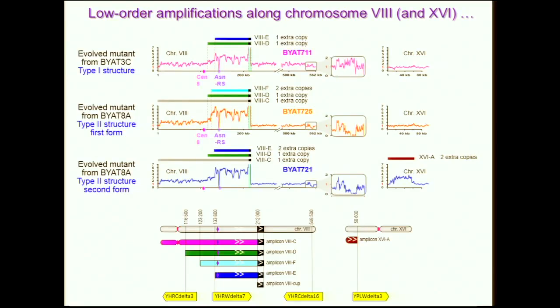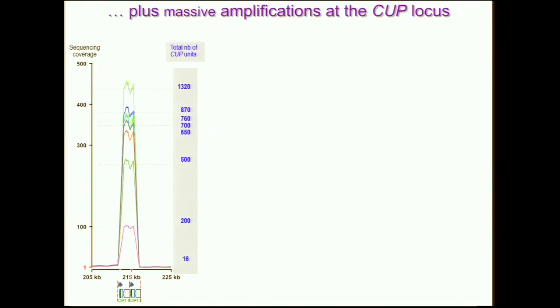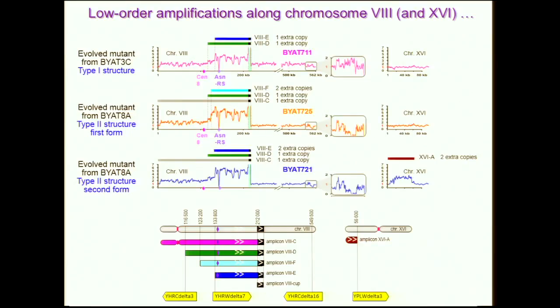Then after some months of thinking, we did the same thing. Sequencing, we identified amplicons, but low frequency of amplification, small number of copies, okay? If you look at these amplicons in detail, you will see that all of them end in the CUP1 region of chromosome 8, okay?